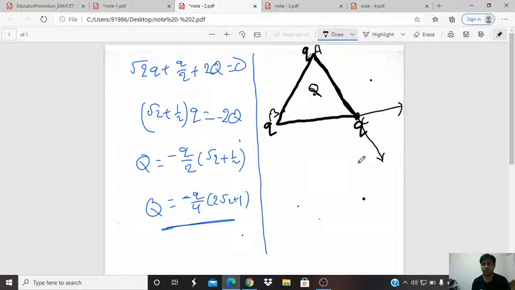Due to this also the direction will be away. Now take the total force and equate. You will get the net force value.